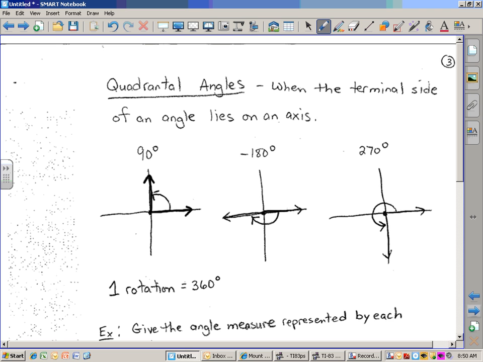Here we have the initial on the x-axis again in standard position. The terminal ray is on the negative x-axis. In that case, that's negative 180 degrees. And our initial ray again in standard position on the positive x-axis, and the terminal ray is ending on the negative y-axis. In this case, it is positive 270 degrees.